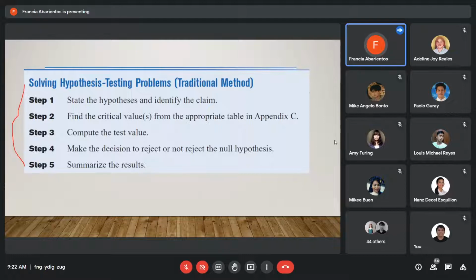So you have that the first step. You need to state the hypothesis and identify the claim. Second one, you have to find the critical values. How can you find the critical values? By using the appropriate table in Appendix C. We need to compute for the test value and make the decision to reject or not reject the null hypothesis, and after that we need to summarize the result. That is now the traditional method.